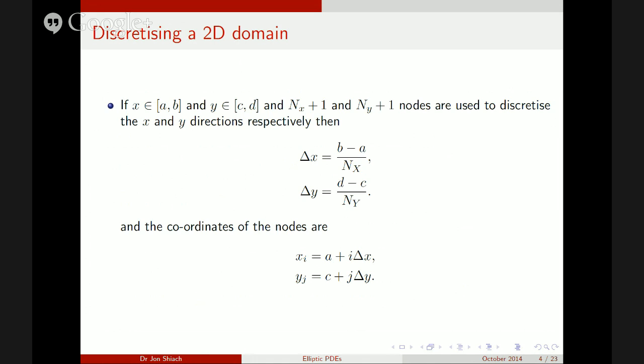So this is exactly the same as what we saw last week. If you had delta X and delta Y, and you needed to calculate nx and ny, you can do that by interchanging them.